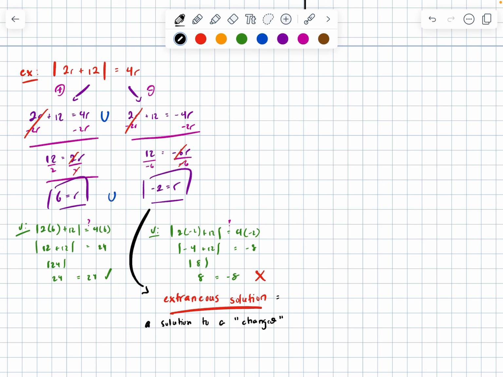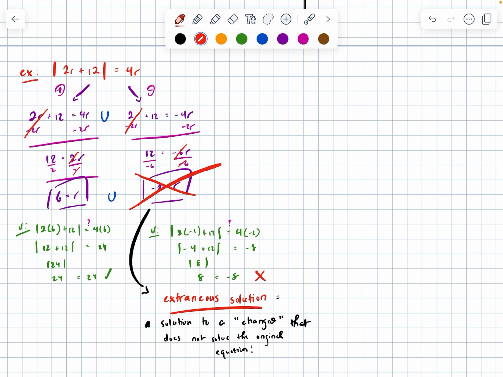I broke my equation into two parts. And when I did that, it solved one of the parts correctly, but it did not solve the original equation correctly. So an extraneous solution makes the changed equation true, but it does not solve the original equation.